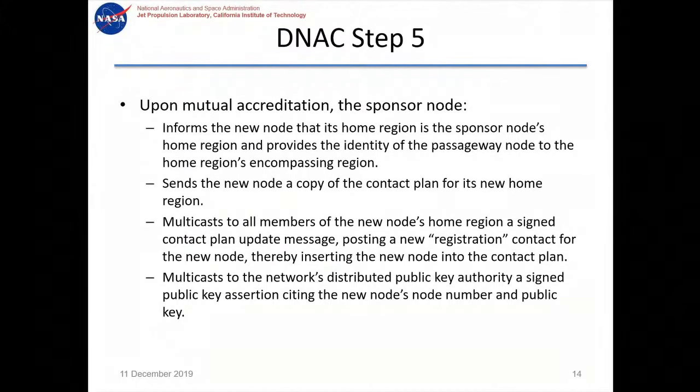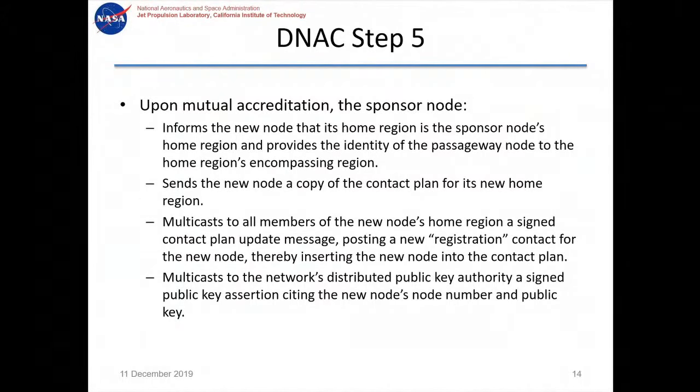But it's enough to insert it into the contact plan so that it's part of the region. And the sponsor node also multicasts to the network's distributed public key authority the signed assertion message asserting the public key of this new node.